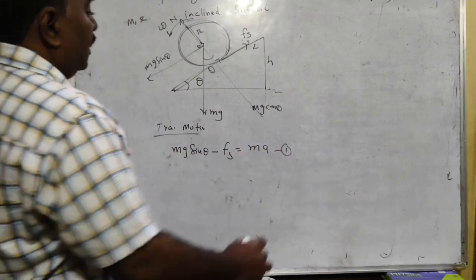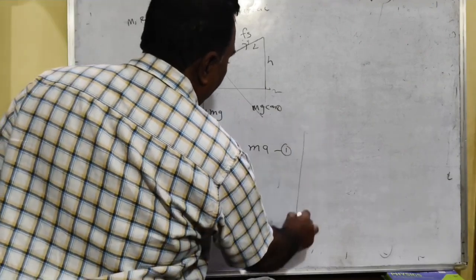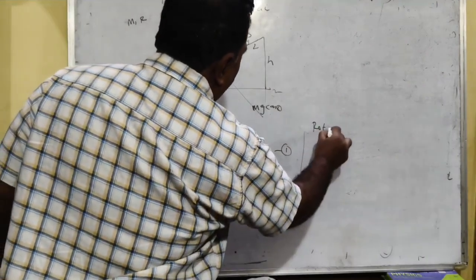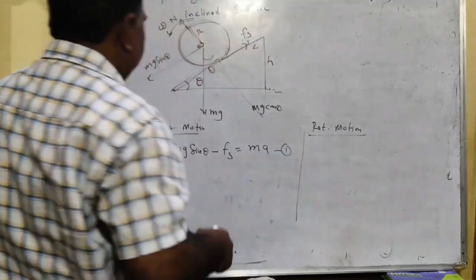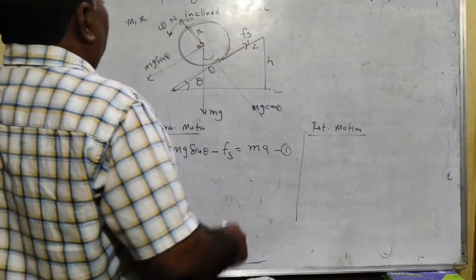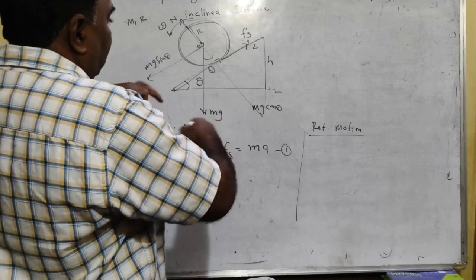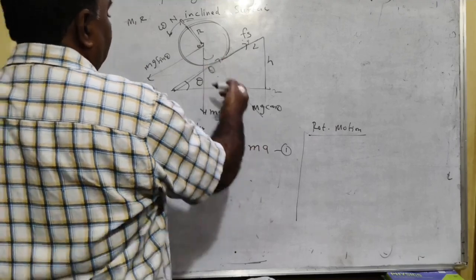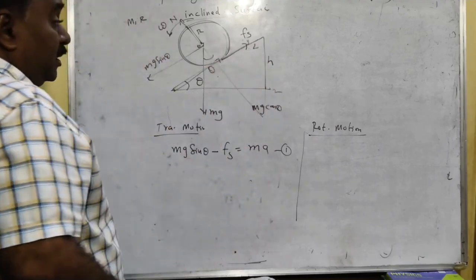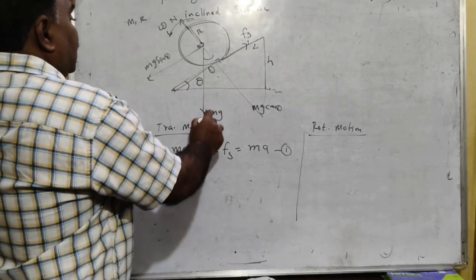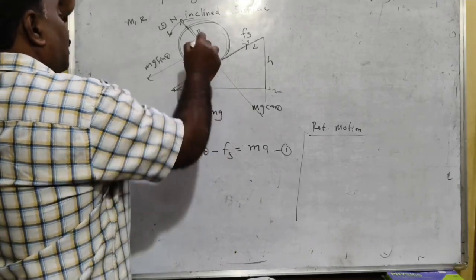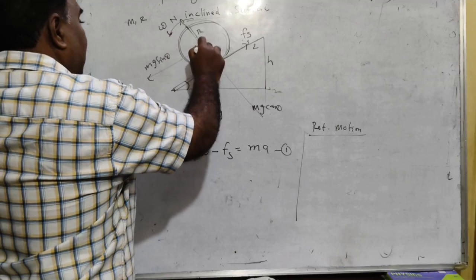Again, considering the rotatory motion, because for rotatory motion torque is responsible. What is the torque acting here? Force into perpendicular distance. What forces will provide the torque here? We consider torque about the axis of rotation, the center of the body.